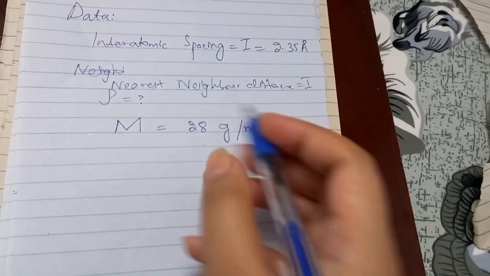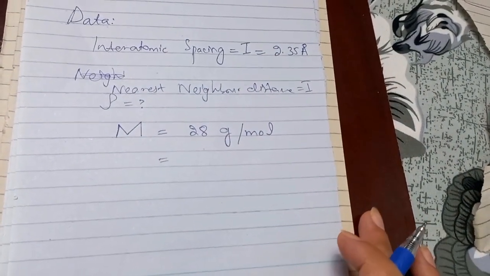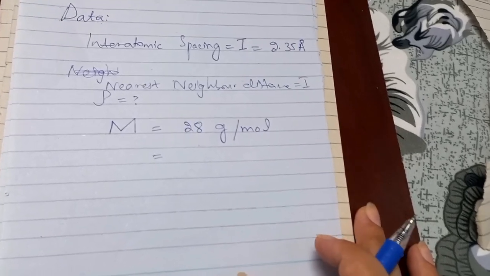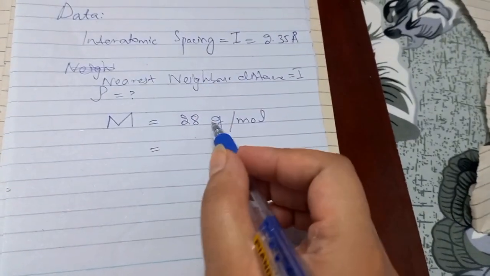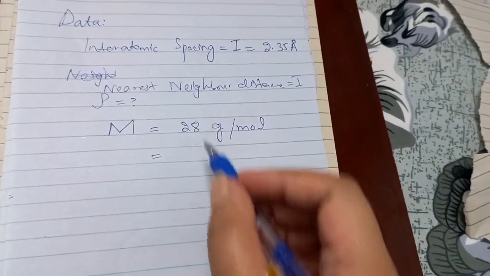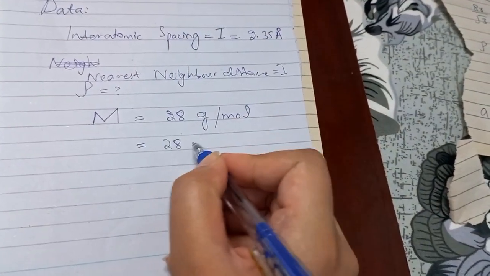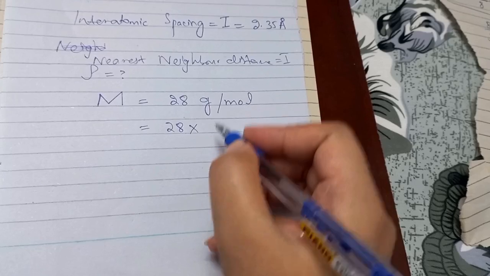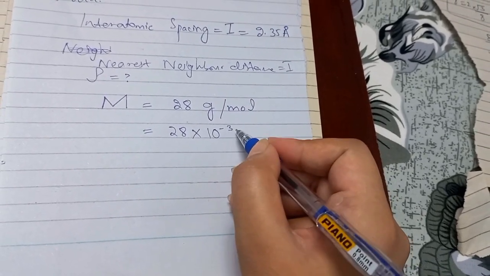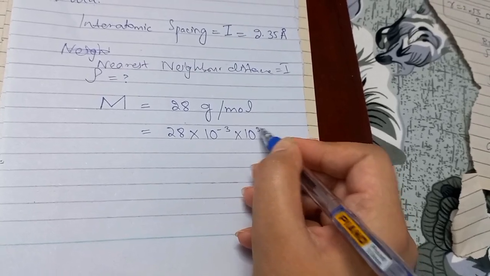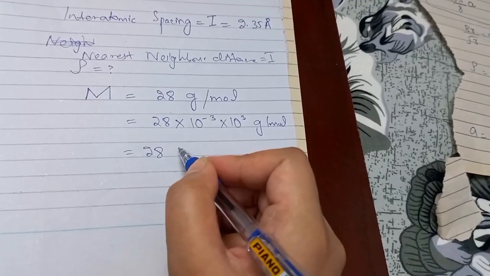Since we always put things in SI units, all the quantities that we insert in the formula should be in SI units, and for that purpose we first have to convert this into kg before inserting it into the original equation. So for convenience, let me first convert it. We multiply by 10 to the power minus 3 as well as 10 to the power plus 3, so that the situation remains neutral and mathematically consistent.